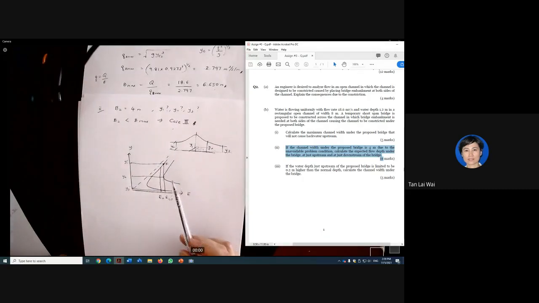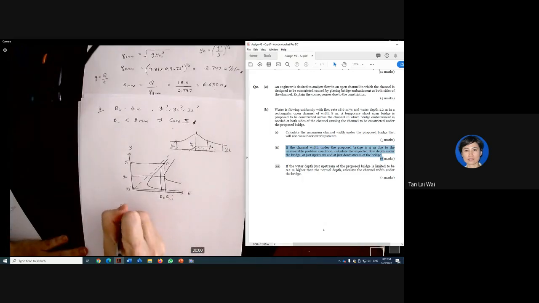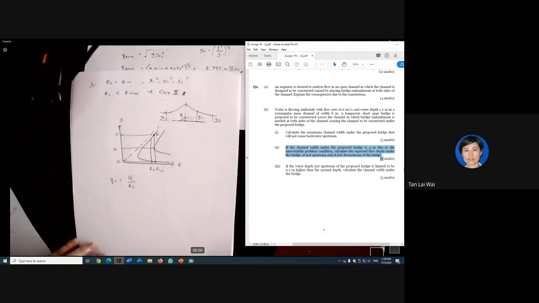So what are the things that we know here? Can I get my discharge? Can I get my YC at this point? Yes, we can. Since we know that Q2 would be equal to Q divided by B2. I have Q and B2.